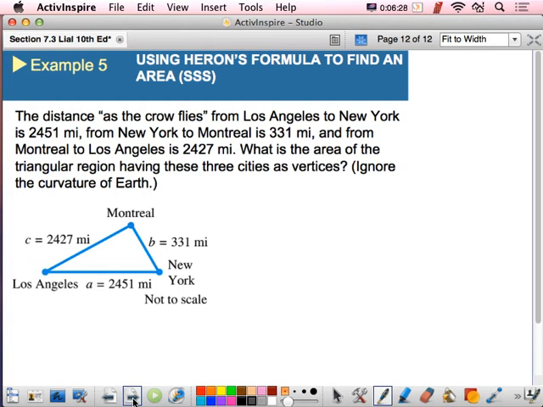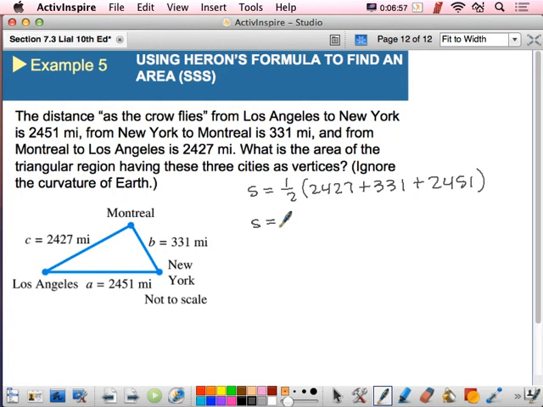Okay. So for whatever reason, we want to know the area between those 3 cities. And in order to do that, we first need to find the semi-perimeter. The semi-perimeter is half of the perimeter, so it's half of those 3 distances added together. Okay, what is it? What's half of the perimeter, you guys?